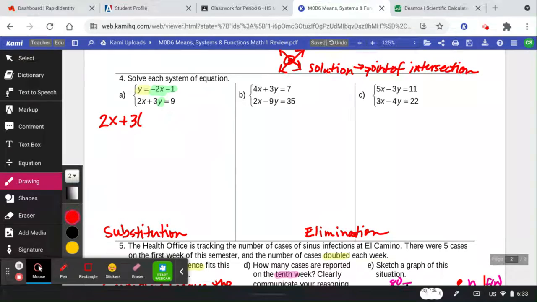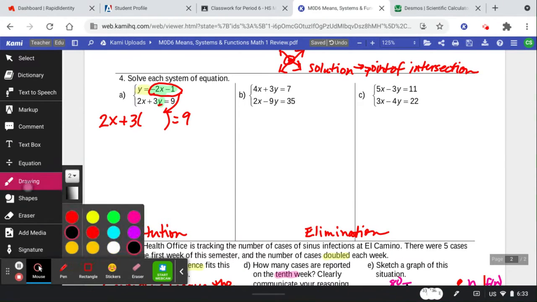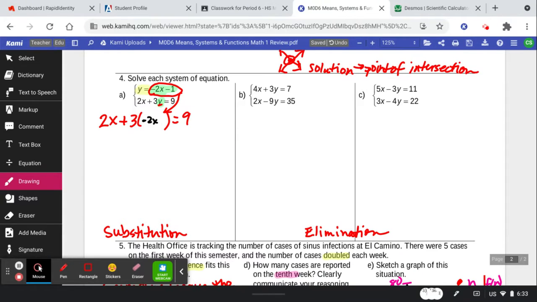2x plus 3 blank equals 9. Why am I leaving that big blank for the y? Because all of this can get plugged in for the y. So here I go. Negative 2x minus 1. So now I'm going to start by distributing.